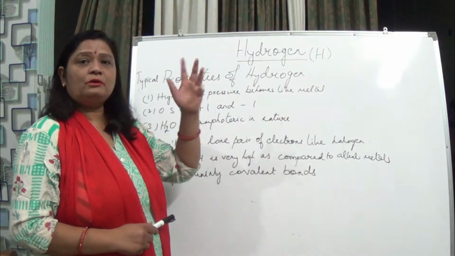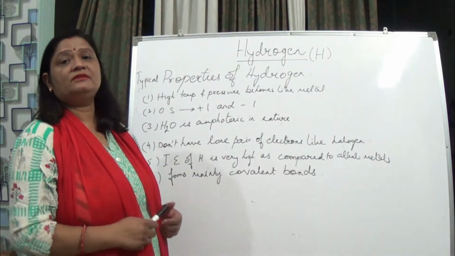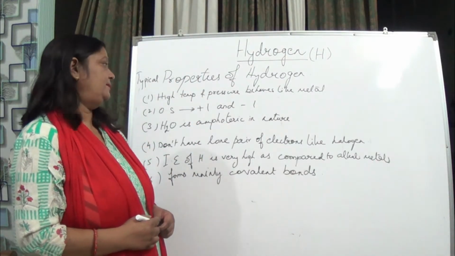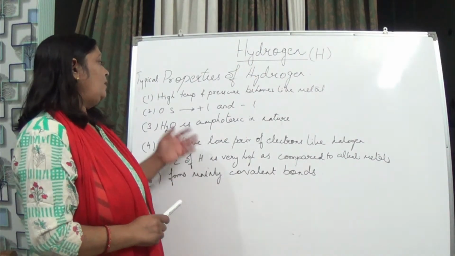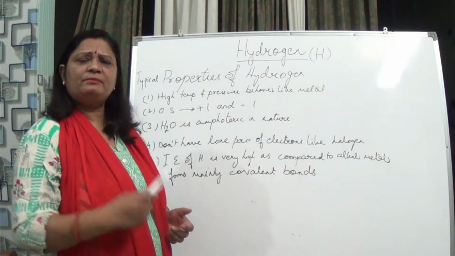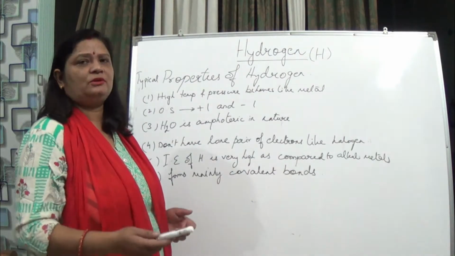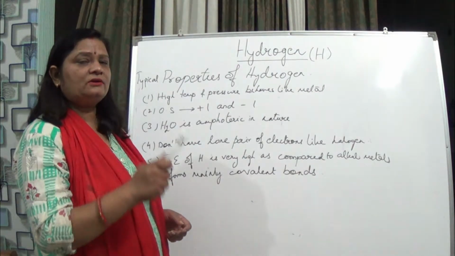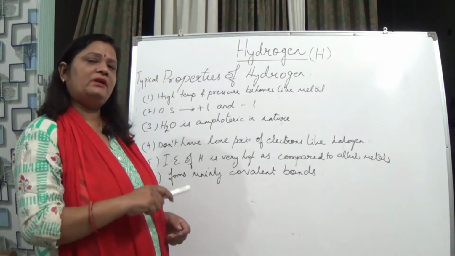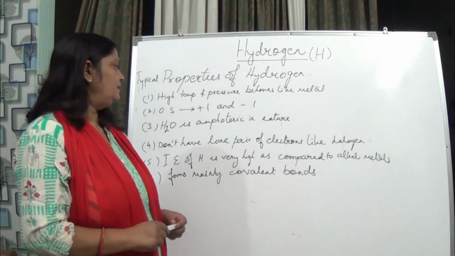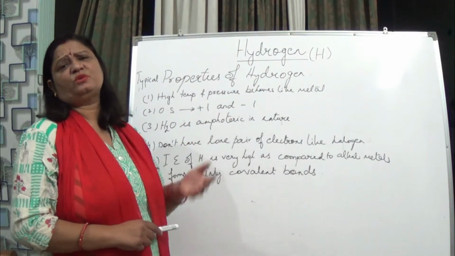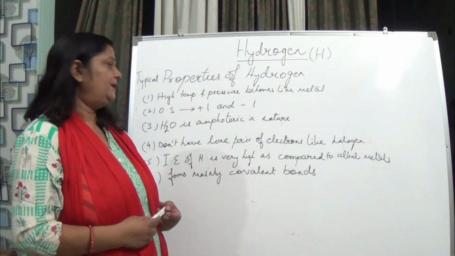So here it does not have the properties of the alkali metals. Now, oxidation state: it has +1 like alkali metals, and it also has -1. Like I said, it can give 1 electron to become stable or take 1 electron to become stable. So the oxidation state is both +1 and -1. Where to keep it, isn't it?